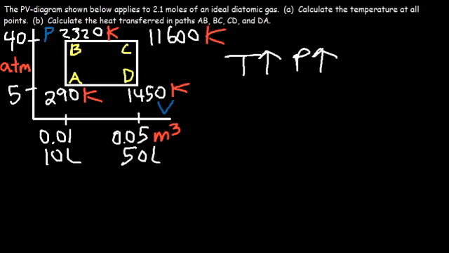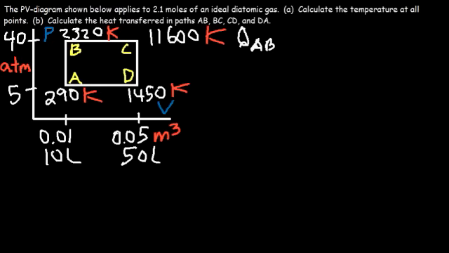So now what about part B? How can we calculate the heat transferred in paths AB, BC, CD, and DA? Well, let's start with AB. There's many different equations that we can use, but the first thing that we need to realize is this is an isochoric process.